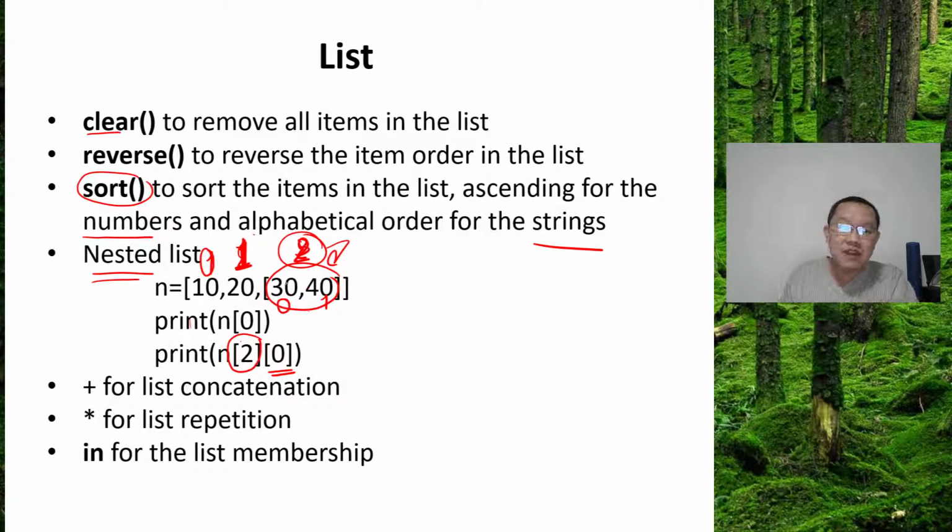So 0 means the first item inside this second list, which is nested inside the first one. You can also concatenate lists using the plus sign, repeat items inside the list using the asterisk, or check for membership or non-membership by using in and not in.